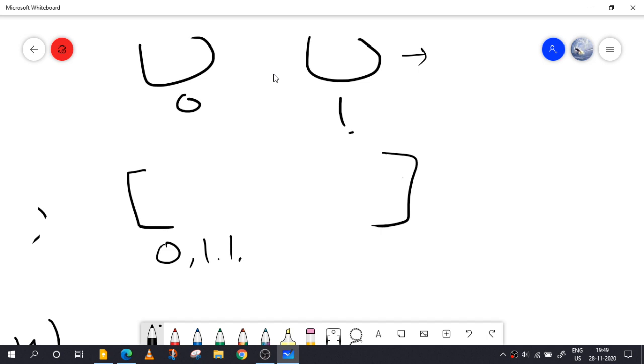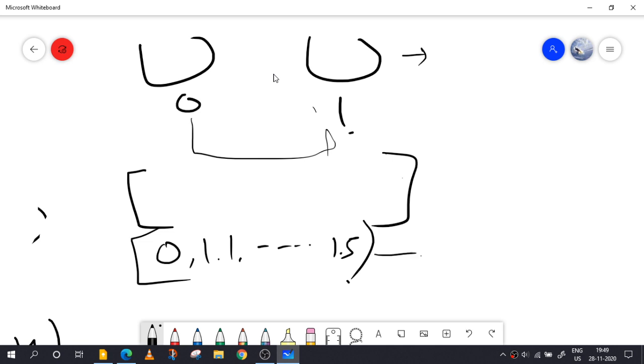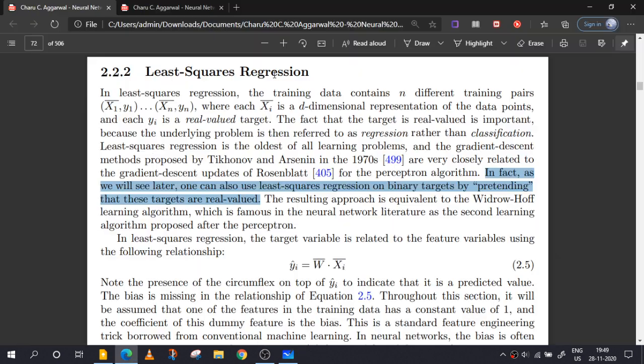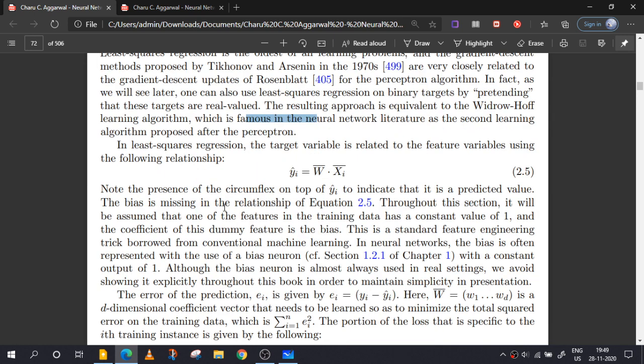The input you're giving is either 0 or 1, so it will predict either 0 or 1, but the algorithm is designed to predict real values, and he's saying to do this by pretending that these targets are real-valued. The resulting approach is equivalent to the Widrow-Hoff learning algorithm, which is famous in neural network literature. Honestly, I don't care.